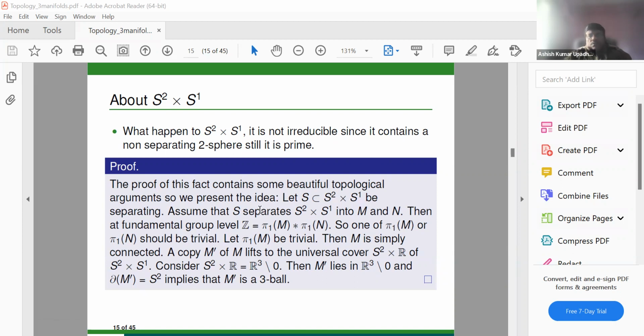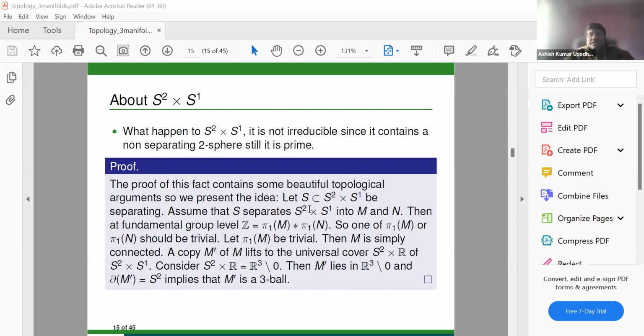Suppose that S separates this S2 cross S1 into two pieces, M and N. Then at the fundamental group level, what will happen? We will get Z equal to the free product of pi 1 M and pi 1 N. Why will it happen?